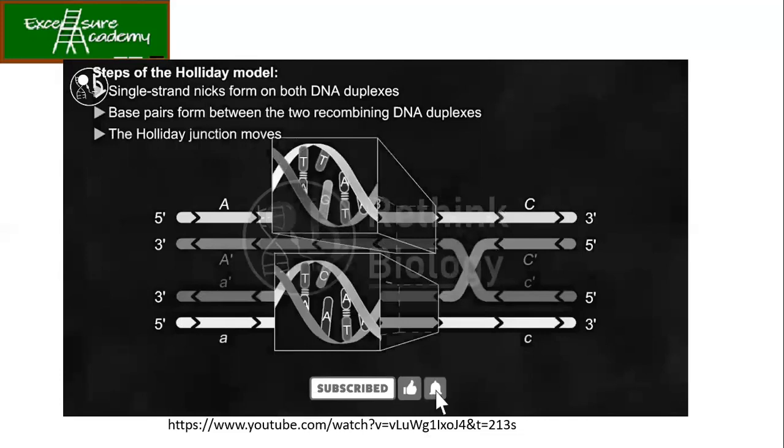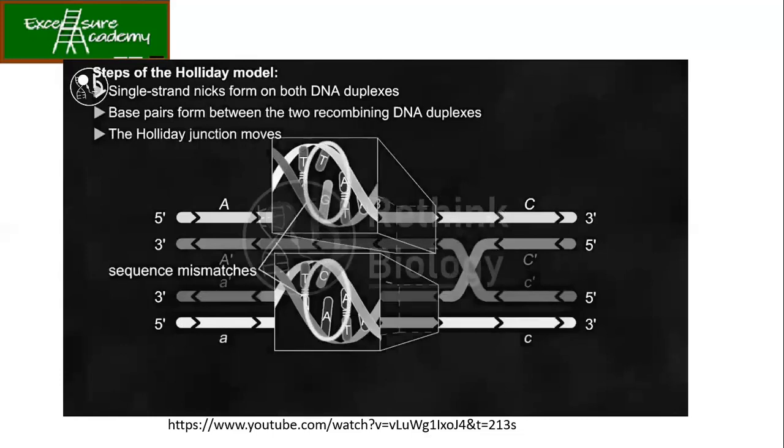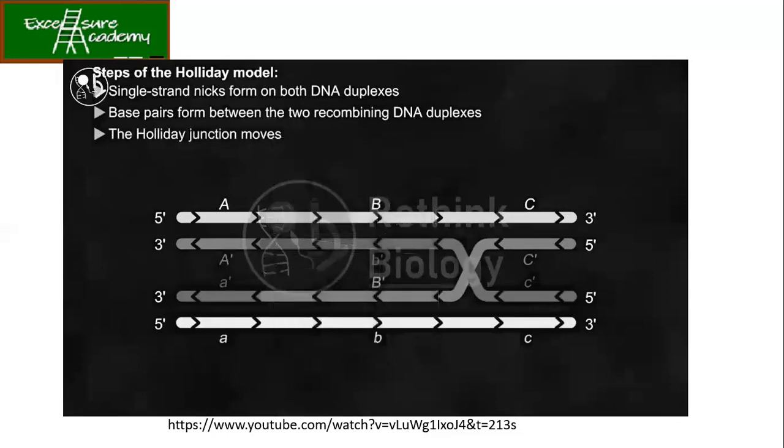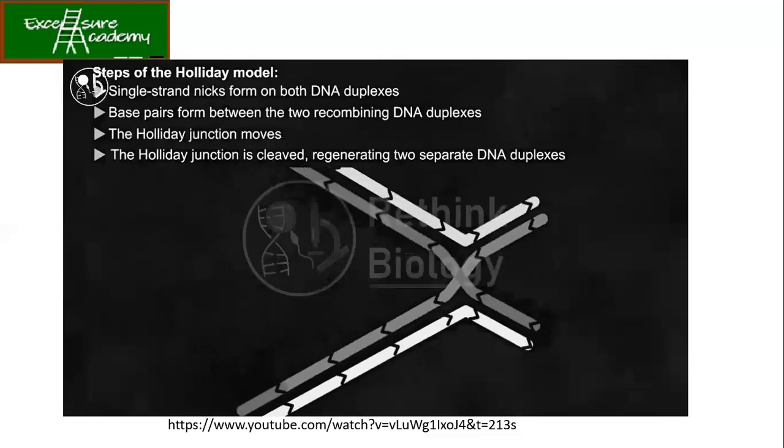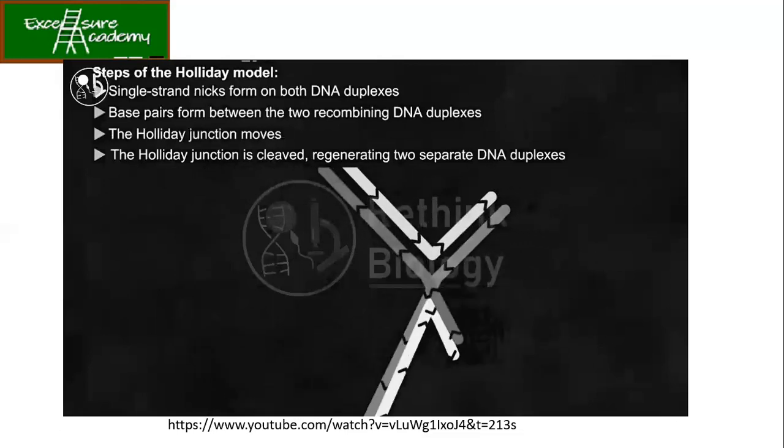So after branch migration, the new DNA duplex will have a few sequence mismatches at those regions. These regions are named as heteroduplex DNA. At the last step of DNA recombination, the Holliday junction is cleaved, regenerating two separate DNA duplexes. This process is called resolution.